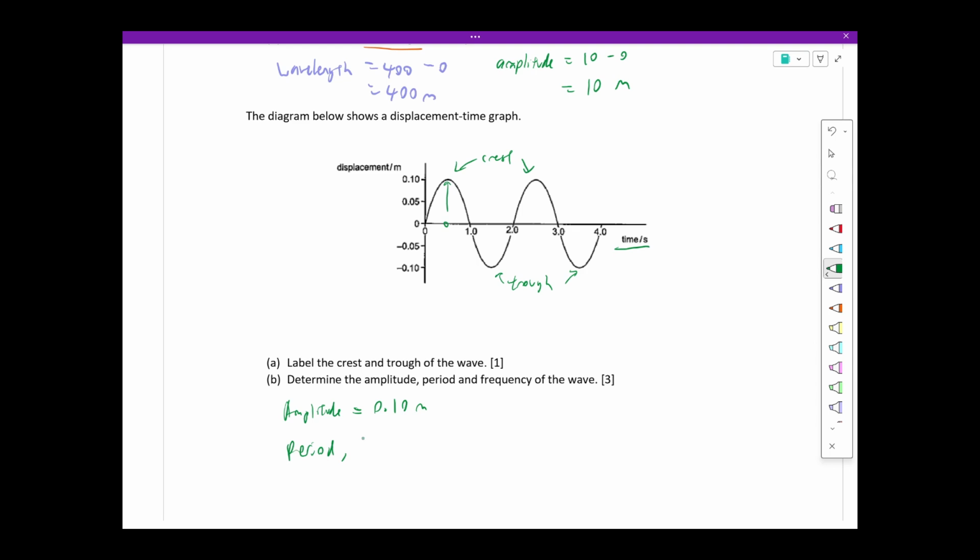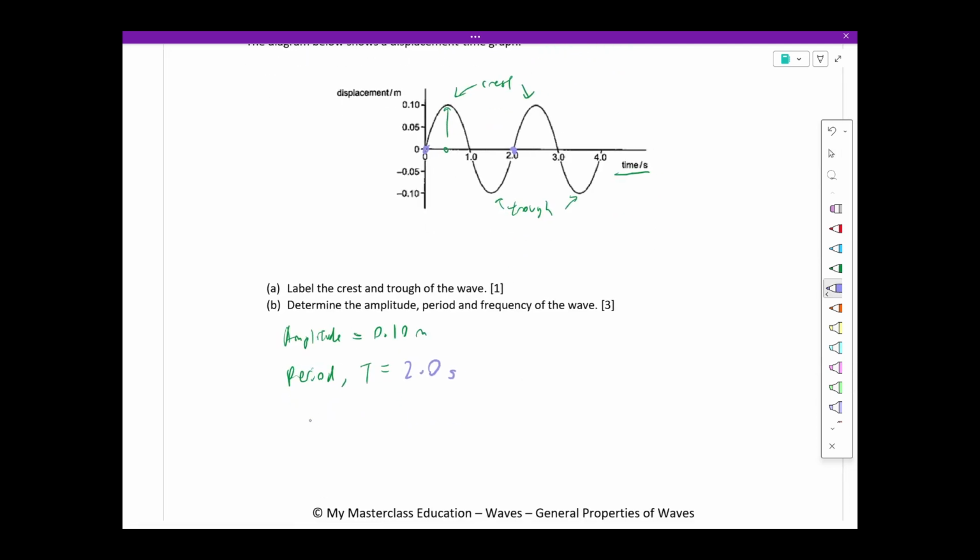Period is your time period, T, if you're taking from starting point to ending point. So start here and end here is 2 seconds. Double check the units. So 2 seconds, and now we want to find the frequency. Frequency is 1 over T, 1 over 2.0, and that is 0.50. The unit is capital H, small z, hertz. Okay.